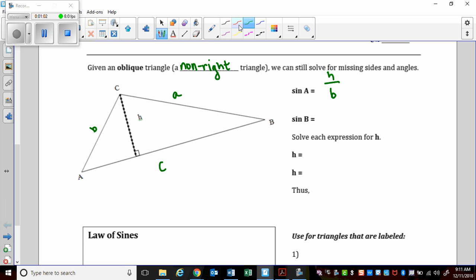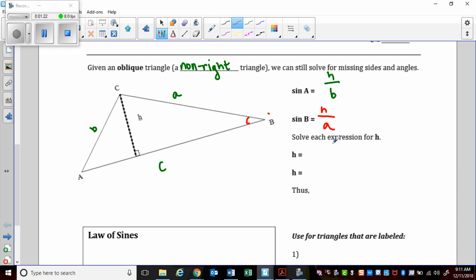Sine of B would be, in this triangle, if B was my reference angle, my opposite side would be h over the hypotenuse, which would be a.